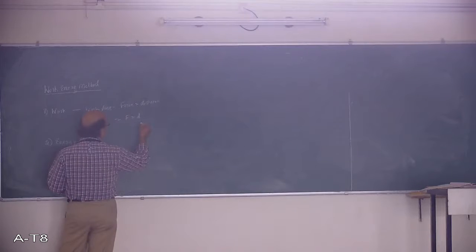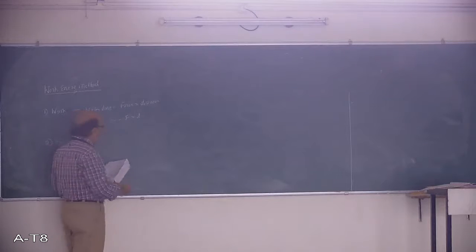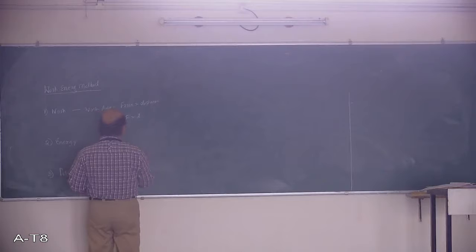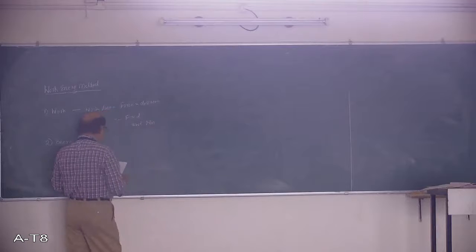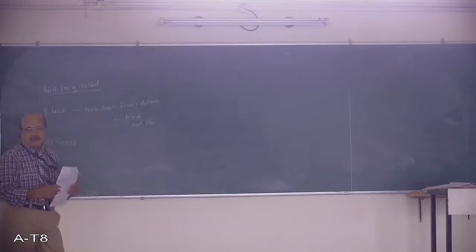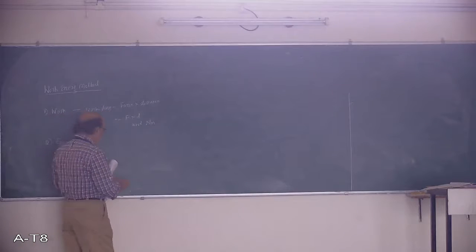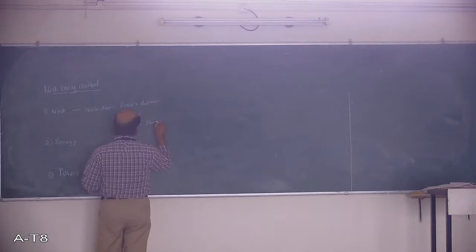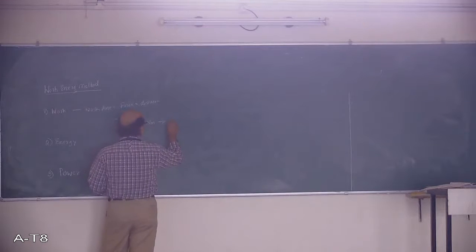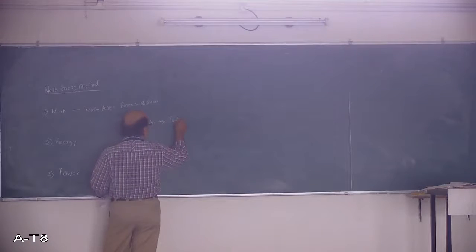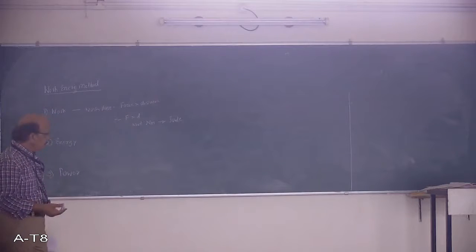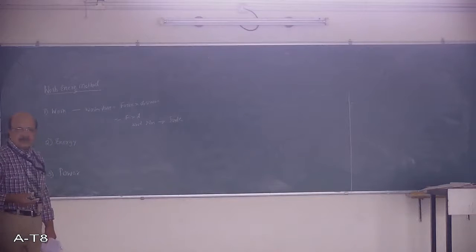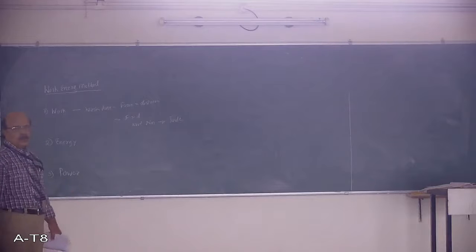The unit of the force F may be Newton and the unit of the distance D may be meter, so the unit will be Newton meter, and that unit is called joule. This is called 1 joule. Whatever amount of work done will be expressed in terms of joule, that is equal to Newton meter.